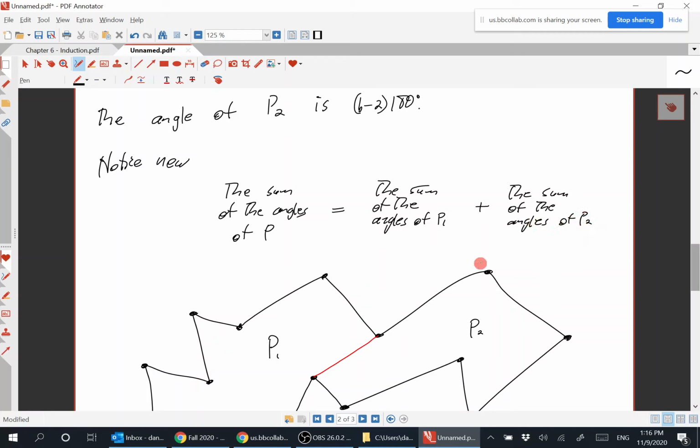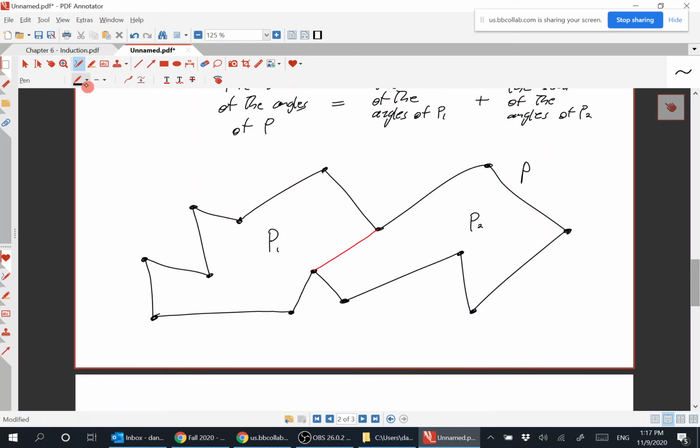Because here's P right here, and every angle of P is either an angle of P1, an angle of P2, or it's the sum of an angle of P1 plus an angle of P2.